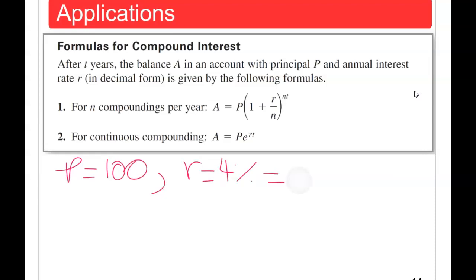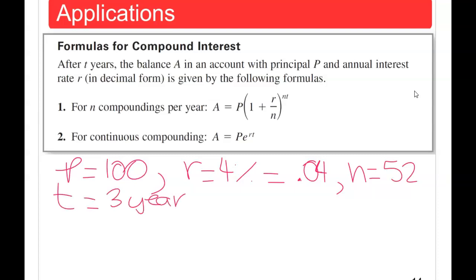So you have to convert that to a decimal, dividing by 100, or in other words, moving your decimal point 2 units to the left. And then let's imagine it says it happens weekly, so n will be 52. And then the time, let's imagine it says 3 years, so it will be just 3.